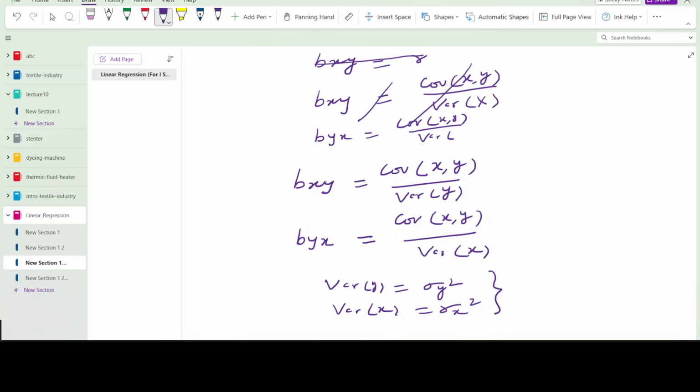So the sign of bxy and byx will be that of the covariance xy. So the sign of bxy and byx will be the same.